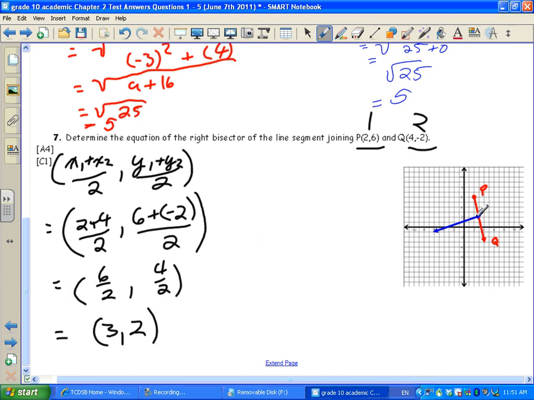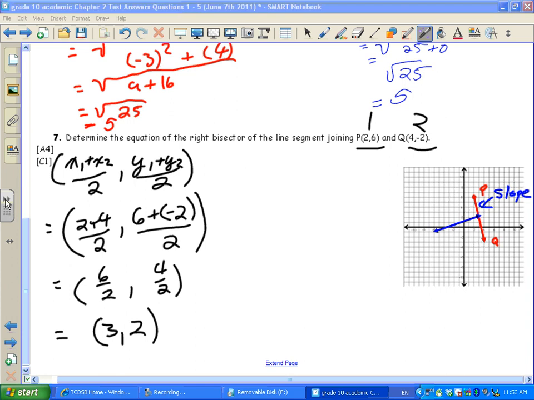Okay? So let's assume that's right on. 3, 2. We have our midpoint. So I have 1 point of the line. What else do I need to find of this? Anyone know? To prove that something's perpendicular, what do I need to have first of PQ? I need the slope of line PQ first.